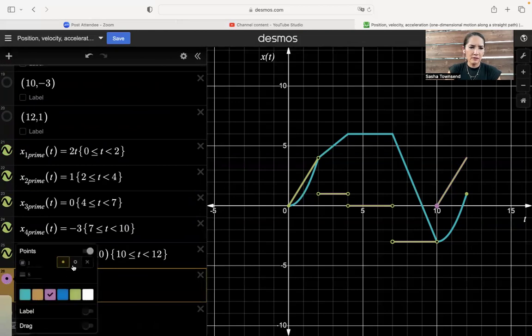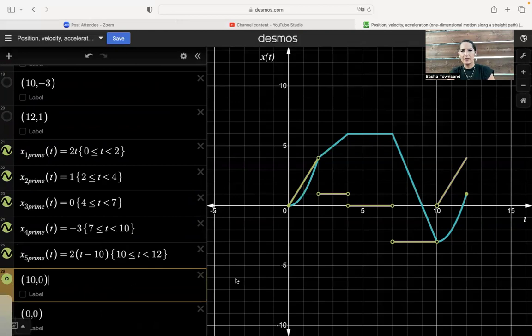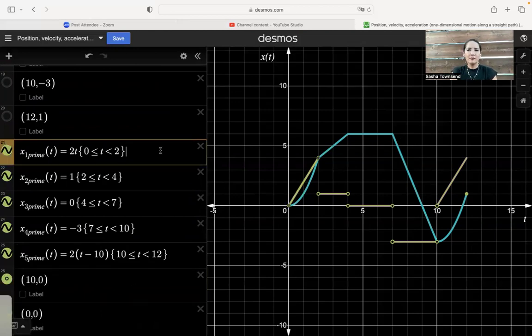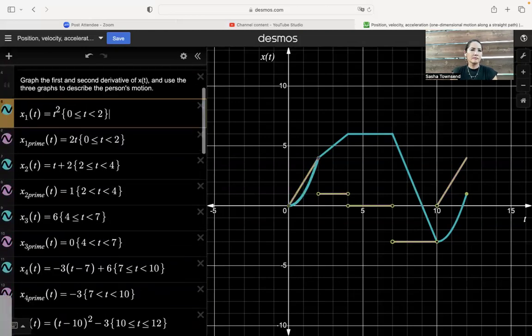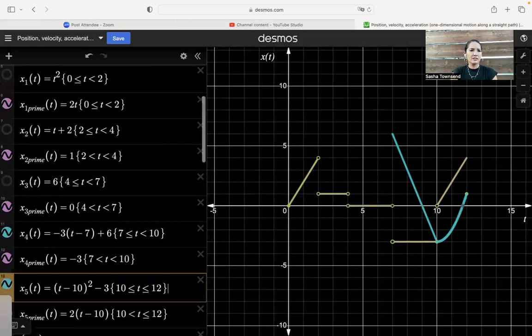It is an open circle. And we see now the original graph and then its derivative. If we wanted to, we could get rid of the original graph, just to make it a little clearer what the derivative function looks like.